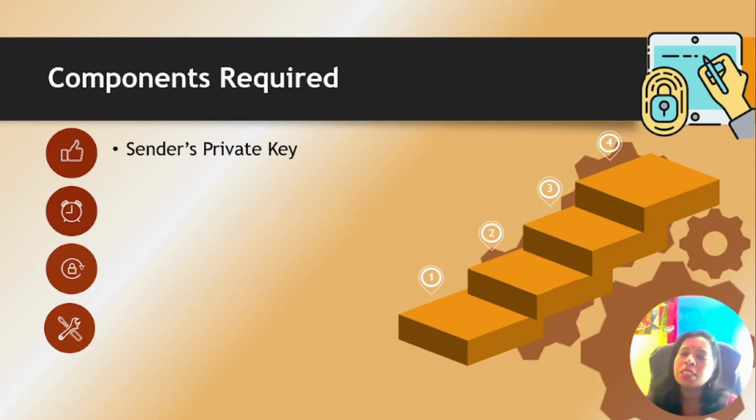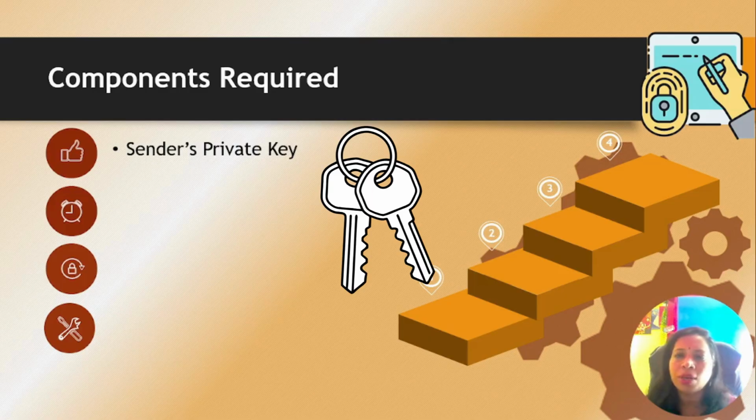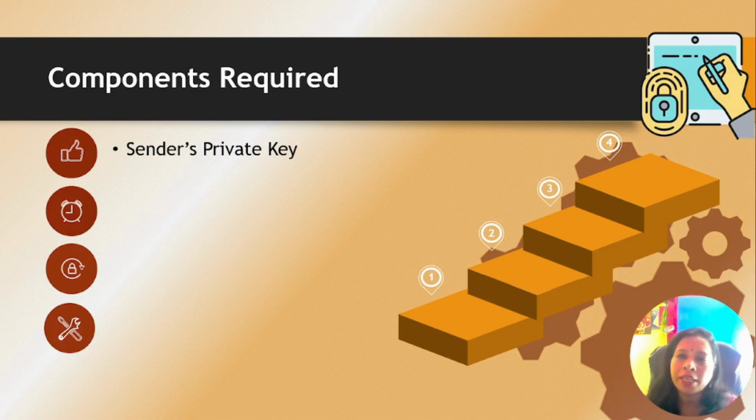A digital signature uses asymmetric cryptography, and in asymmetric cryptography we already know that two keys are used: one is a private key and one is a public key. The private key is kept secret, that is the sender's private key, and the public key is shared with everyone.